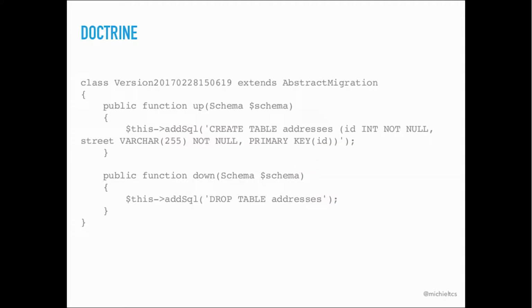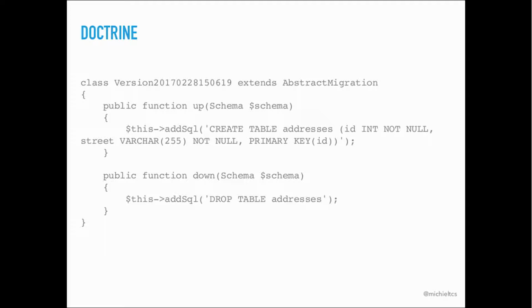For the other half, a Doctrine migration could look a little like this. It's essentially a PHP class which defines an up function and a down function. The up function is applied whenever you apply this new version. In this case, we create a new address table, and the down function would roll that right back, which in this case is simply dropping the table, right?